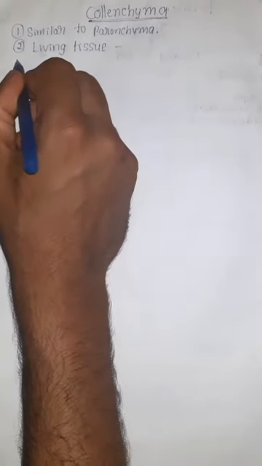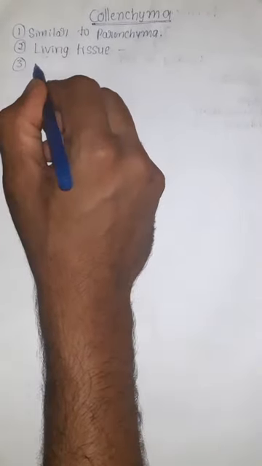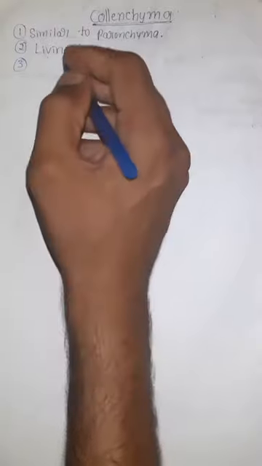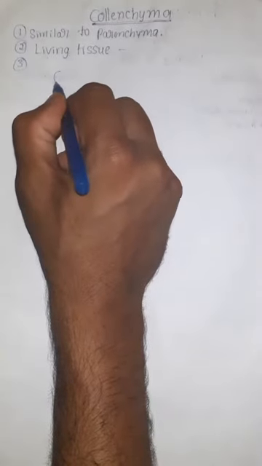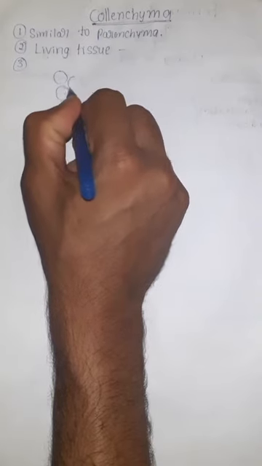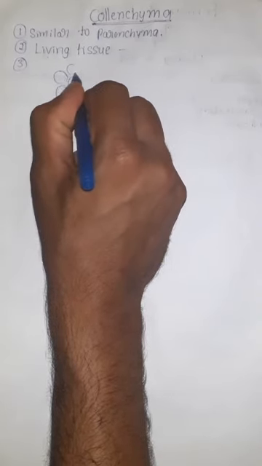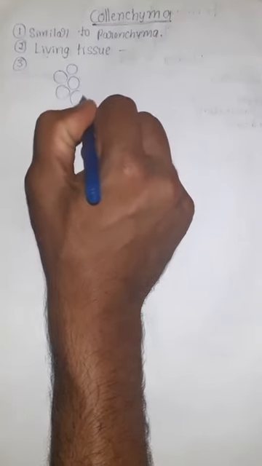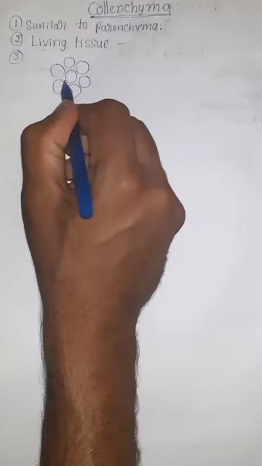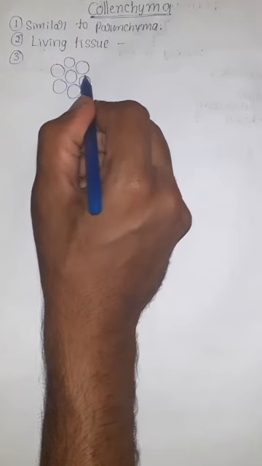But the only difference between collenchyma and parenchyma is cell wall deposition. In parenchyma, the cells are arranged loosely with intercellular spaces.